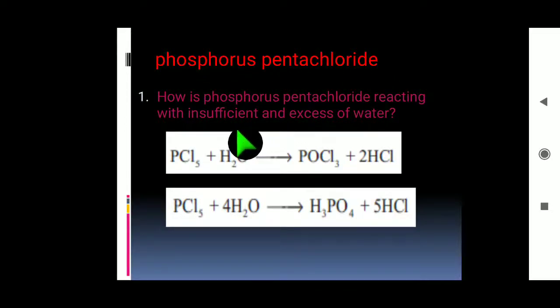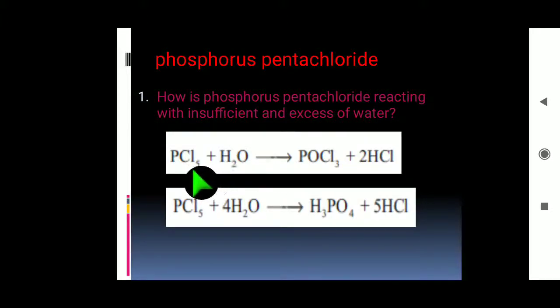Phosphorus pentachloride, how is it reacting with insufficient and excess water? The first equation, insufficient water. Second one, excess water. Phosphorus pentachloride reacts with 1 mole of water, it gives phosphoryl chloride, POCl3, and hydrochloric acid.